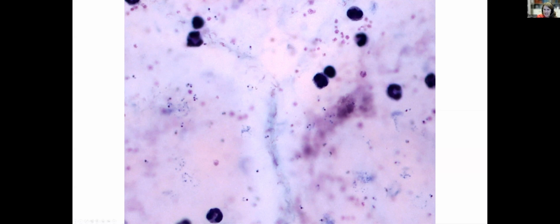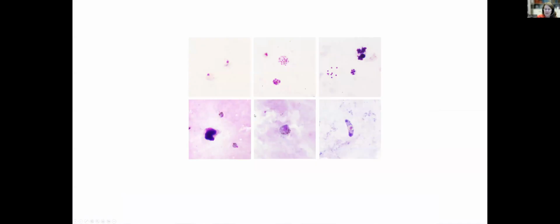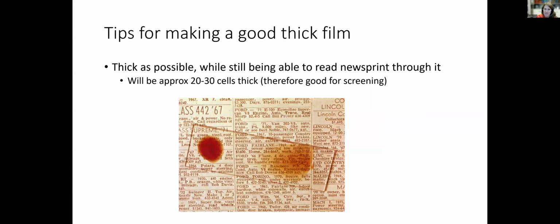And here we have a very nice parasite, a very thin ring form of Plasmodium falciparum with the classic headphone form. You could also see other stages less commonly, such as schizonts, late stage rings, merozoites, gametocytes, banana-shaped gametocytes or round gametocytes. So any of the stages you can see in a thin blood film, you can also see in a thick blood film.